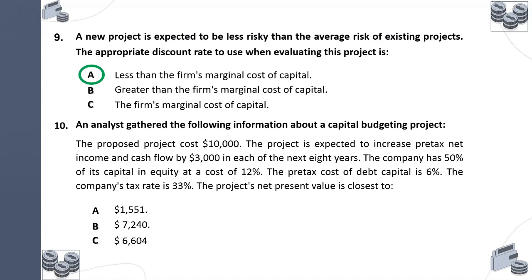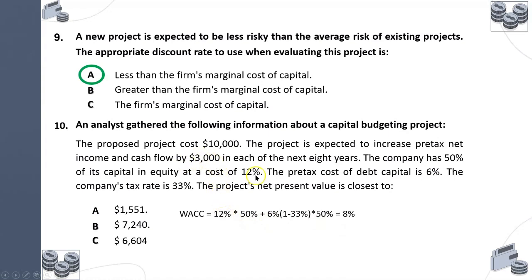The weighted average cost of capital is calculated by the percentage, or weight, of debt and the weight of equity. So if we have 50% equity, that means we have 50% debt. We multiply the weight of each component, equity and debt, by the cost of that component. So 50% times 12% for the equity cost, and 50% times 6% times (1 minus tax) gives the debt cost. Together they give us the weighted average cost of capital.